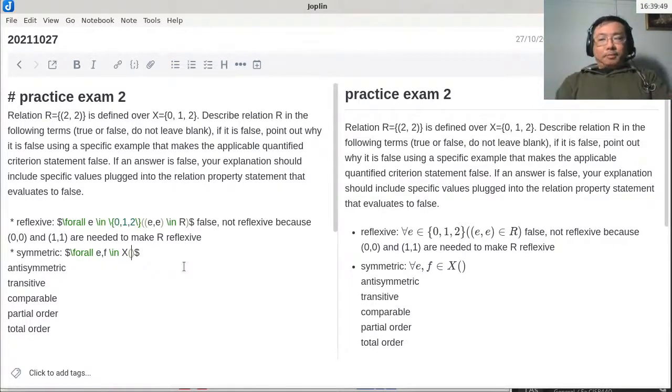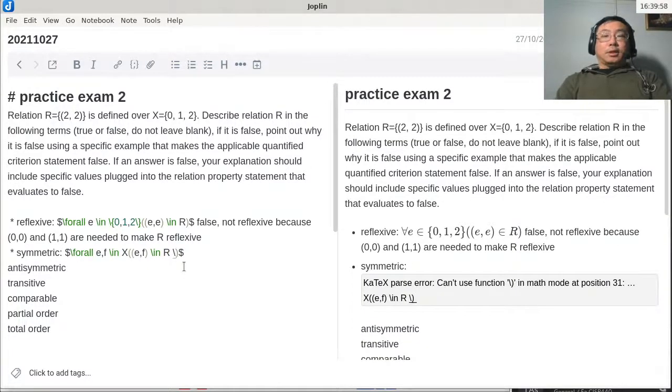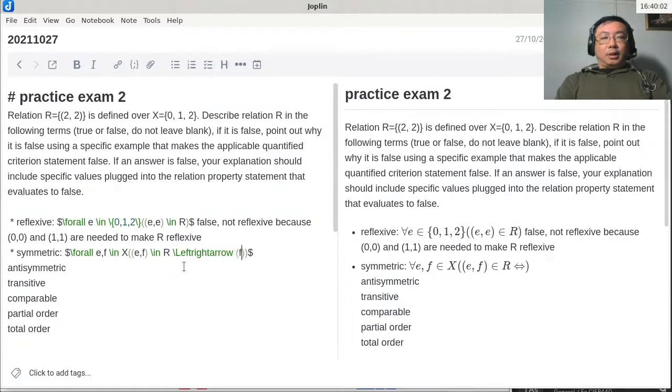This one says EF is in R if and only if, and if and only if is a left-right arrow, FE is also in R. All right, so that is the definition of how a relation R defined over X is symmetric. We need this quantified statement to be true. So in this case, is it true or not?